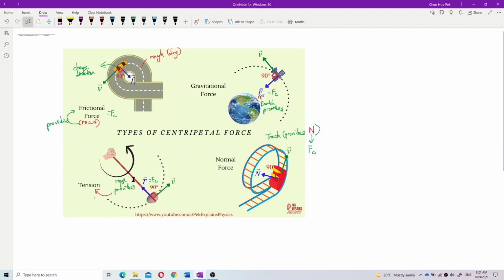All the responsible forces are the existing forces like friction, gravitational force, tension, and normal force.